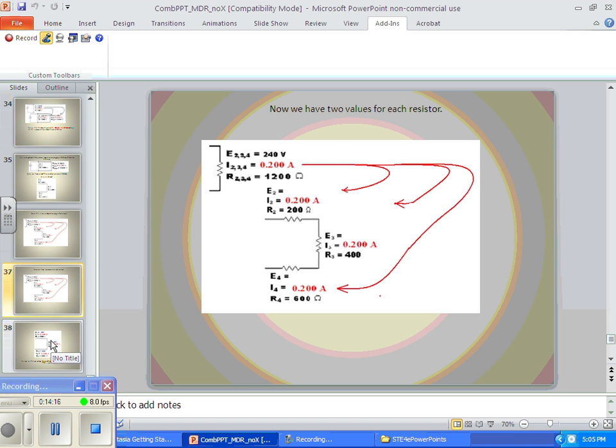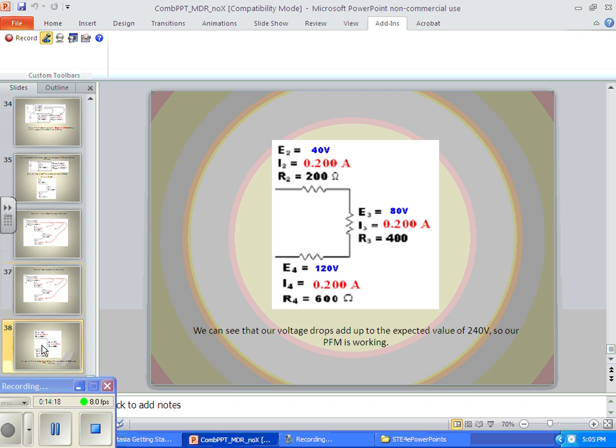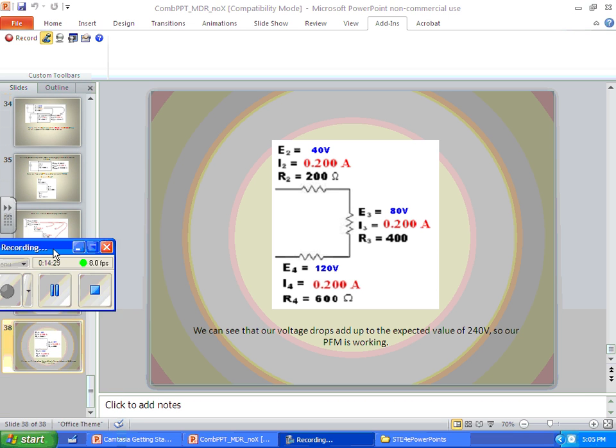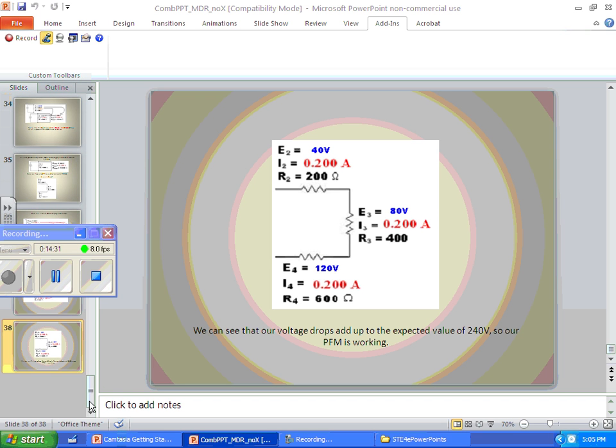Did I not have the right slide? There it is. We get 40 volts, 80 volts, and 120 volts. If we add those up, we get 240 volts. So our pure functional magic is working, and we've solved everything in that circuit. So that is combination circuit analysis.